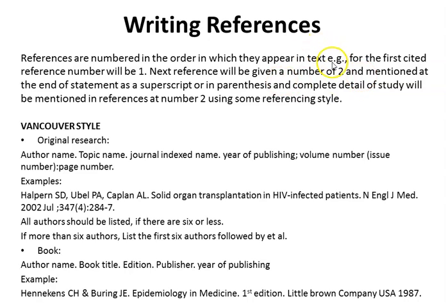And then another line in introduction I will add from another study, and then I will give the next number, number 2, and then against that number I will write the detail of the next study, and so on. This is how we mention number of references.